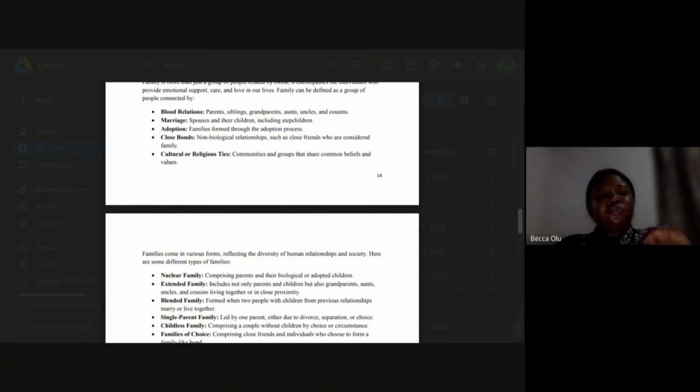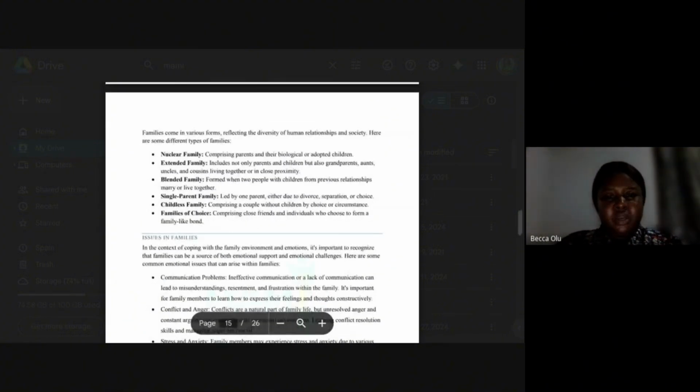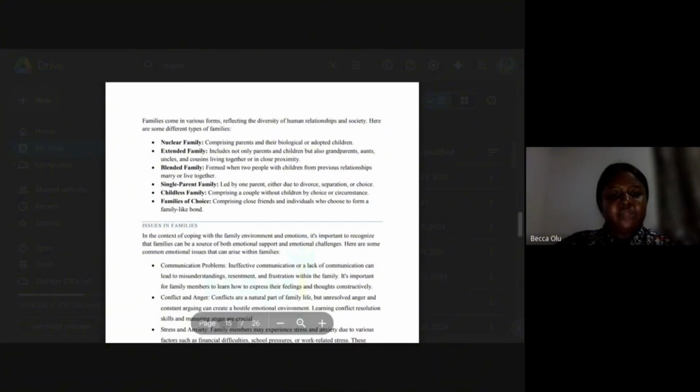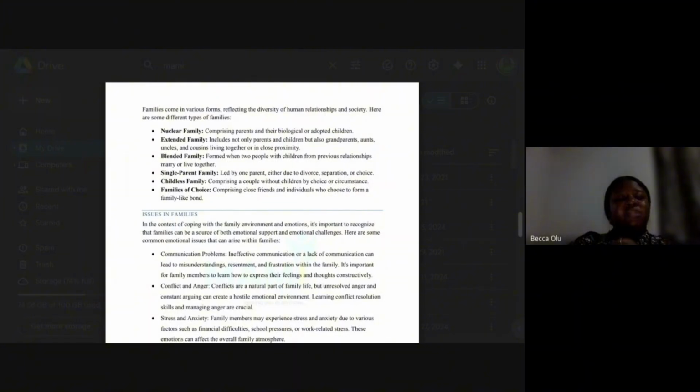All right. So families come in various forms, right? It reflects the diversity of human relationships and the society. So there are some different types of family. You have nuclear family. I'm very sure social studies, mostly, but that'll be like junior secondary school, right, where you talk about types of family.